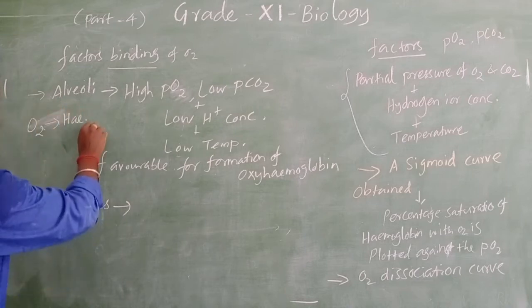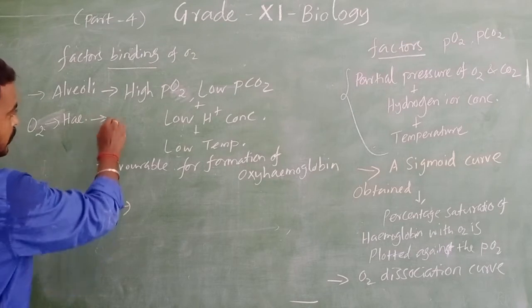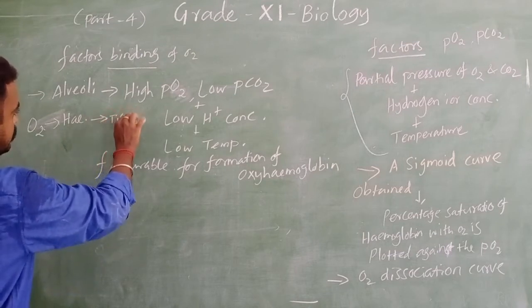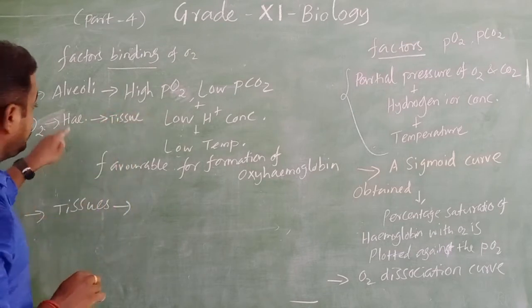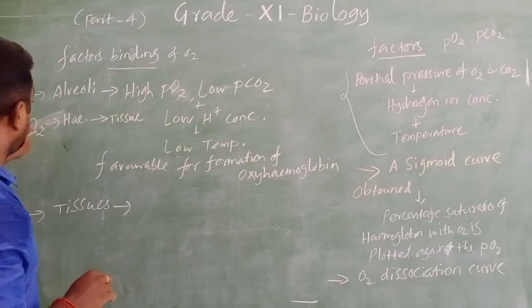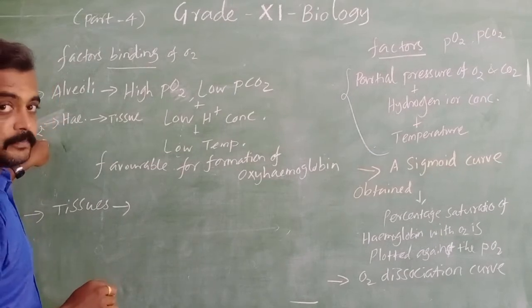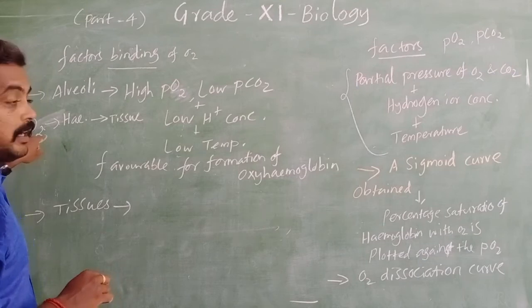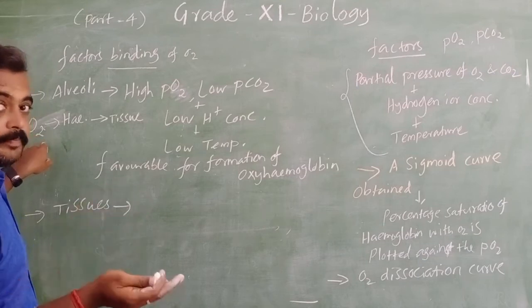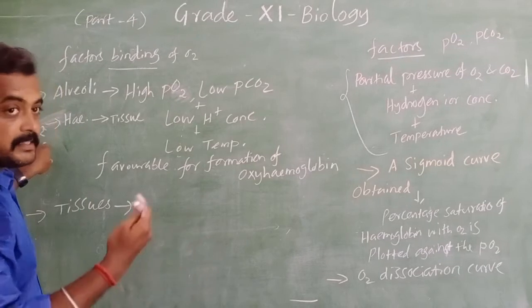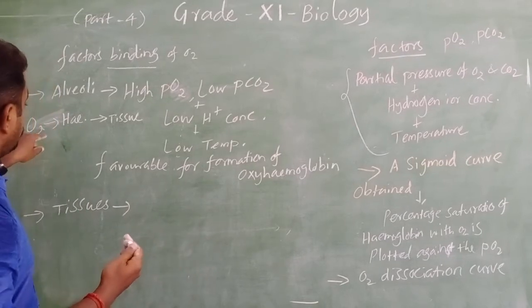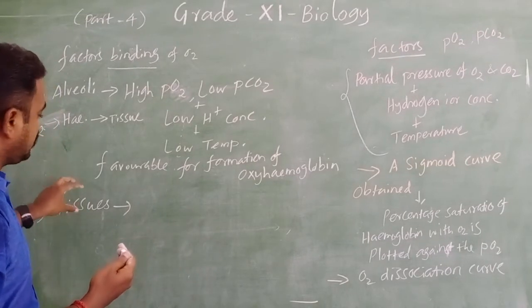Okay, it reaches a tissue. Then that hemoglobin needs to release the oxygen. It cannot always carry. It wants to release. So what is happening in the tissue?